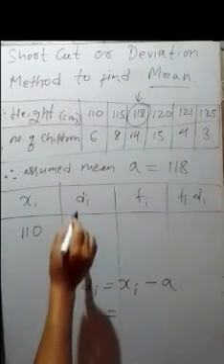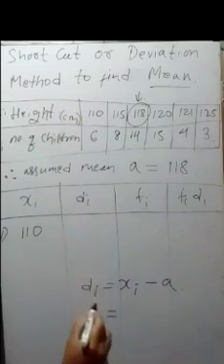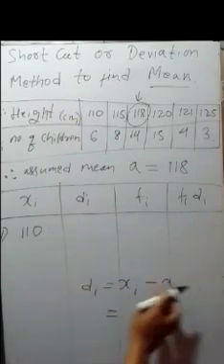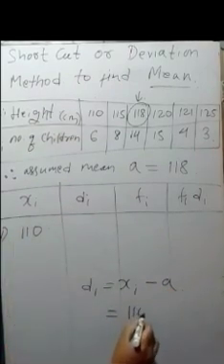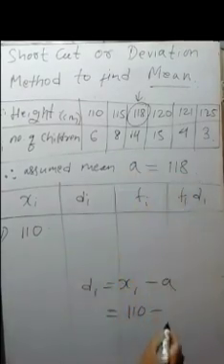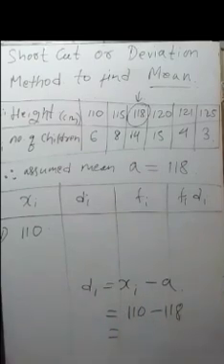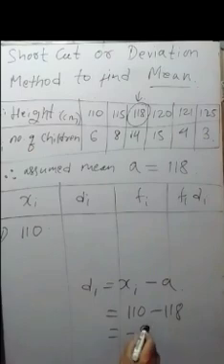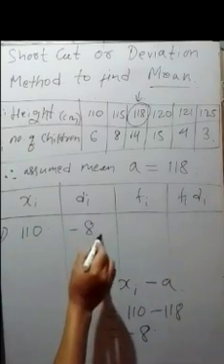So this is the first data: d1 equal to x1 minus a. x1 is 110 minus the assumed value a, 118. The difference of 110 and 118 will be 110 minus 118, which is minus 8. So d1 will be minus 8.